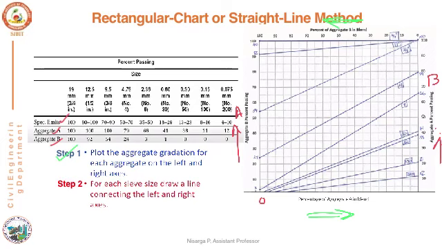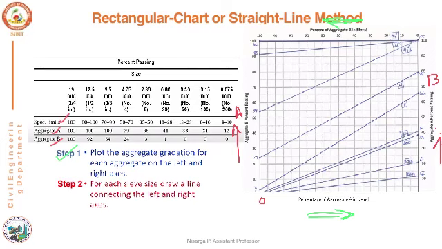Now the axes are ready for us to plot the percentage passing of each size of aggregate. First we consider aggregate A. In aggregate A, the first sieve is 19 mm and the percentage passing for the 19 mm sieve is 100%. This point is marked on the graph.